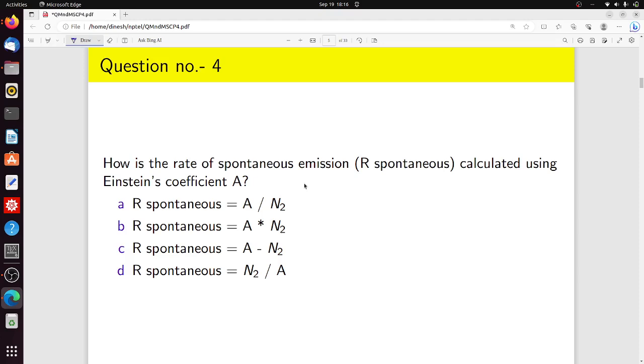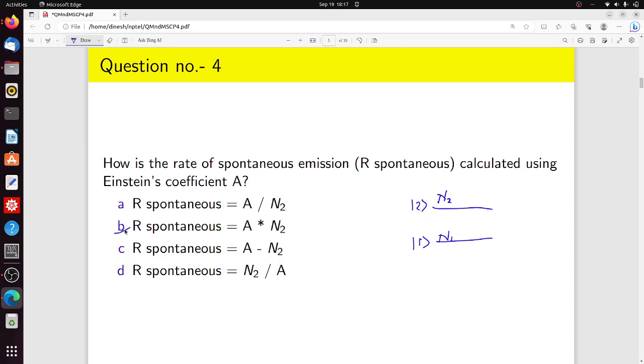This was taught in week 4. Let me tell you what N1 and N2 are. If there are two states, then in the first state the population density is called N1, and in the second state the number of particles is called N2. So it's option B.